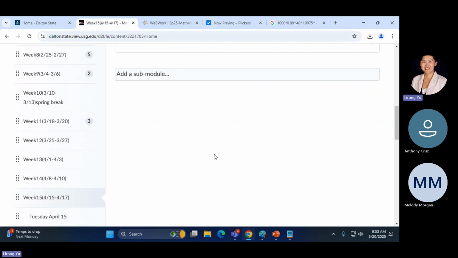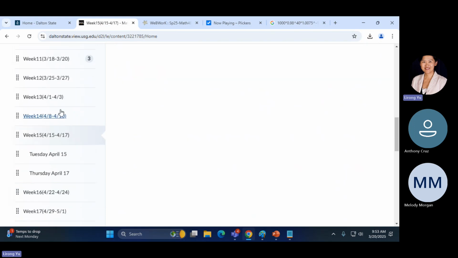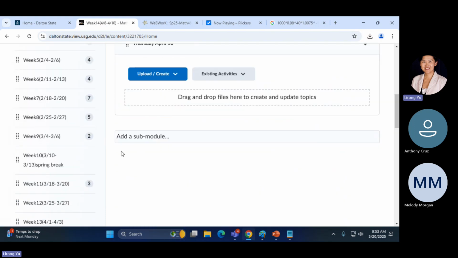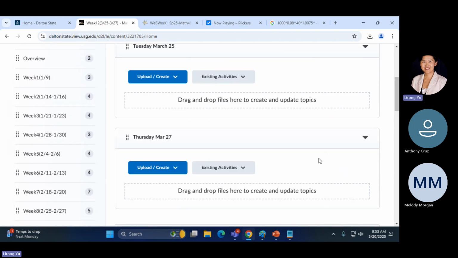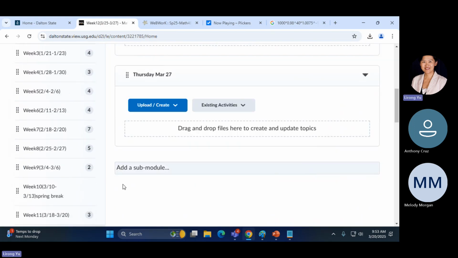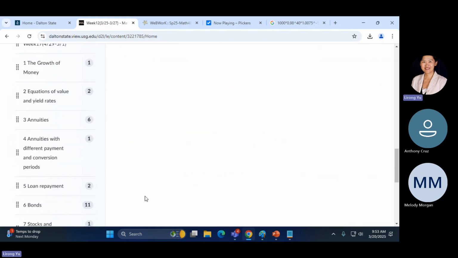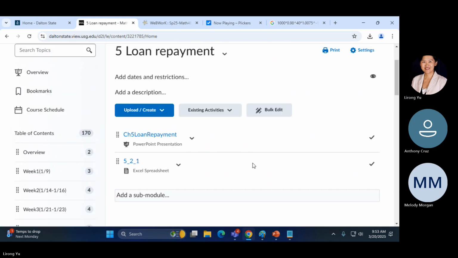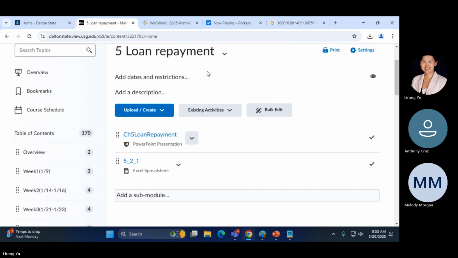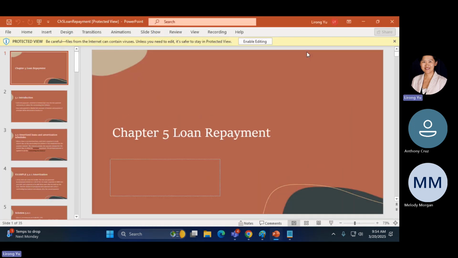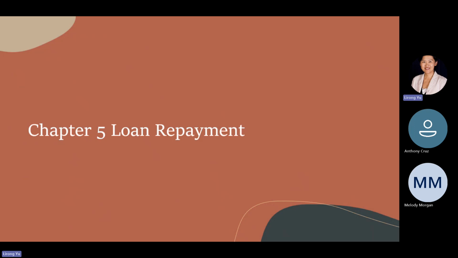All right, so what we're going to do is continue where we left off last time, and we were working on chapter 5. We went over 5.2 already, and we're probably going to repeat the same thing.